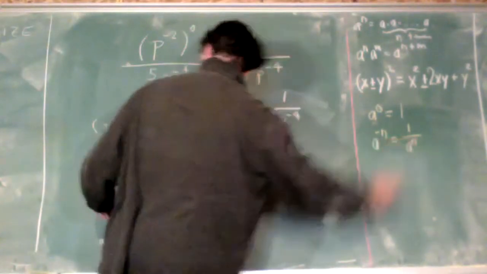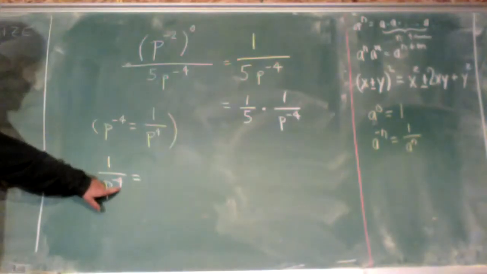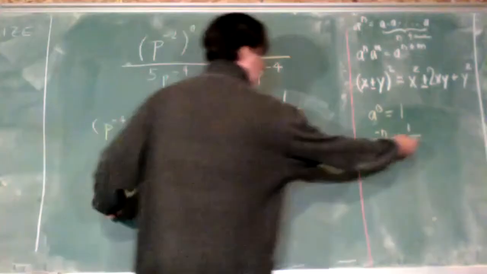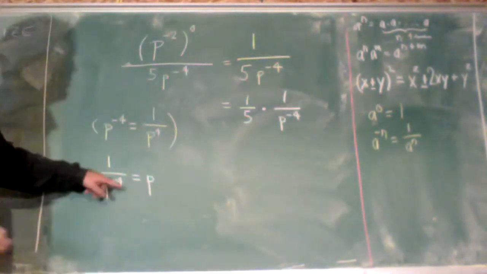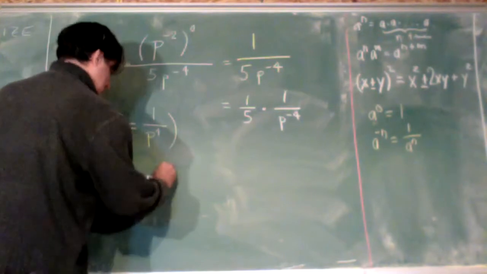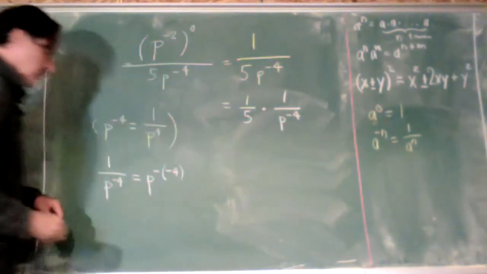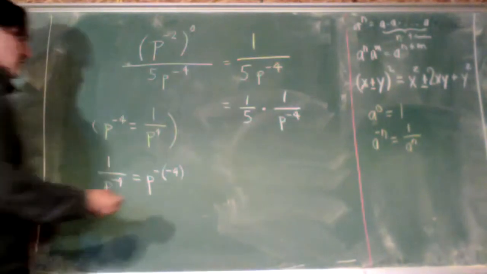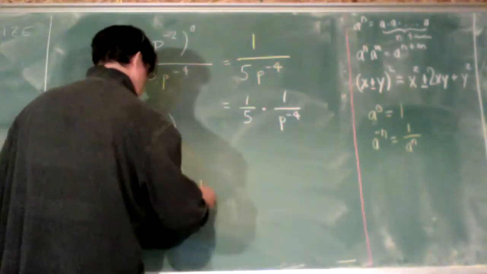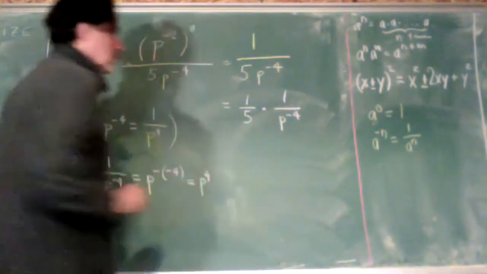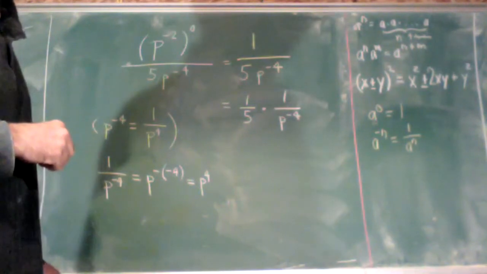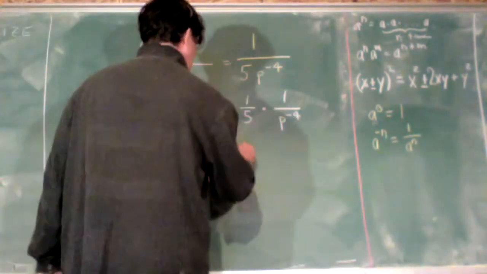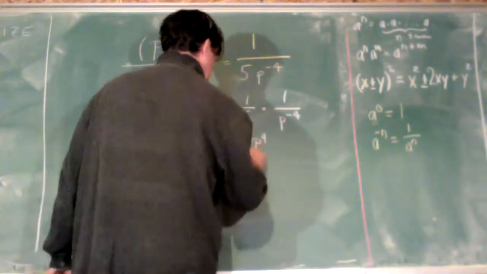So by the extension of our definition, where now n is -4, then reading from right to left, we obtain that 1 over p to the -4th is equal to p to the -4th, and a minus is a positive. So this gives us p to the 4th over 5.